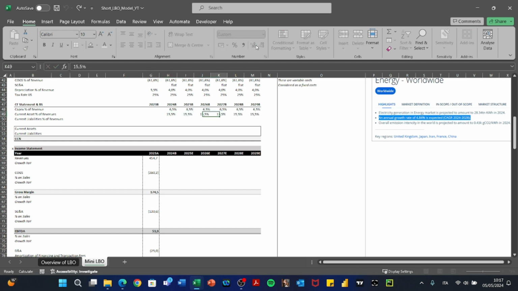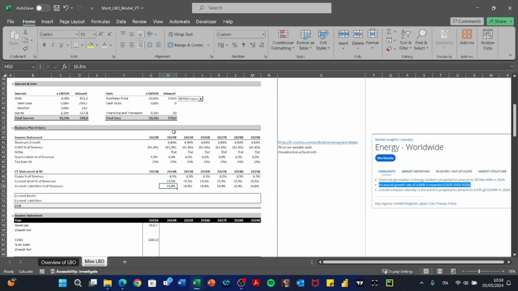And about our current liabilities, 25, I don't know. Obviously, these are inputs that you can customize as you want.